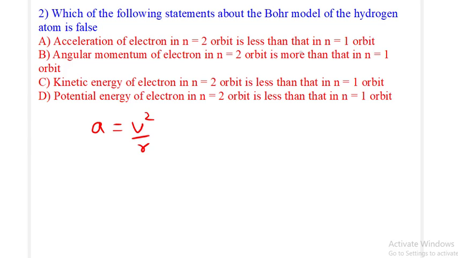But v is proportional to z upon n, where z is the atomic number and n is the orbital number, that is, the principal quantum number. And we also know that r is proportional to n square. Now if we substitute both here, a would be proportional to, instead of v square, z square upon n square.